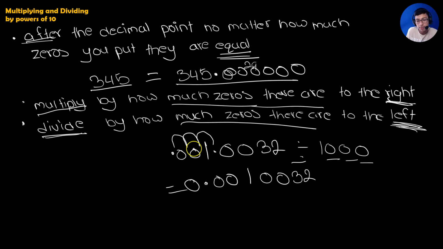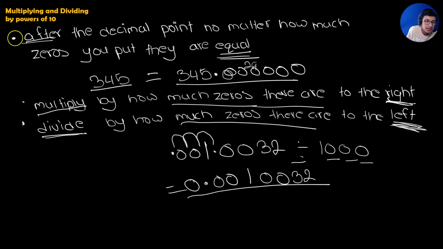And let's look at our previous example. Here we are doing division, so we know that we're going to the left. And by how much? There are 3 zeros in 1000, so we're going to the left 3 times. And so our answer equals this.